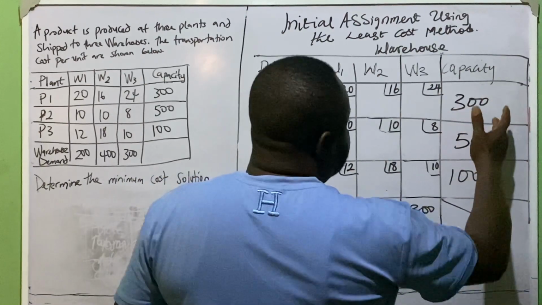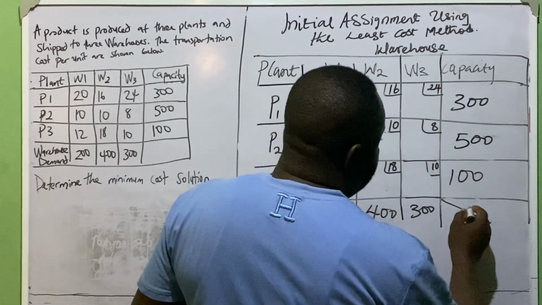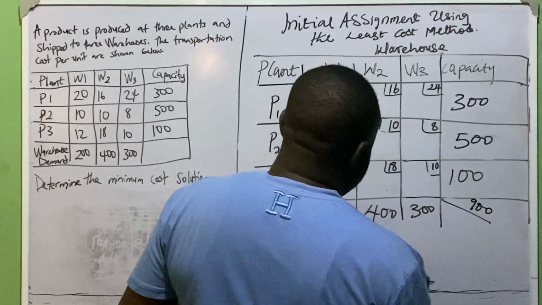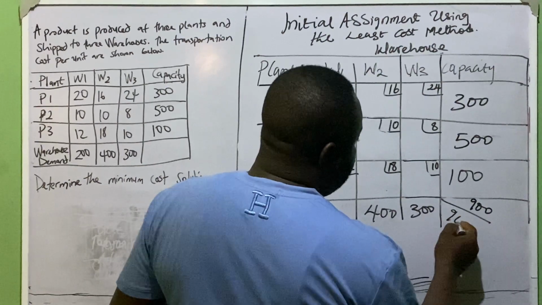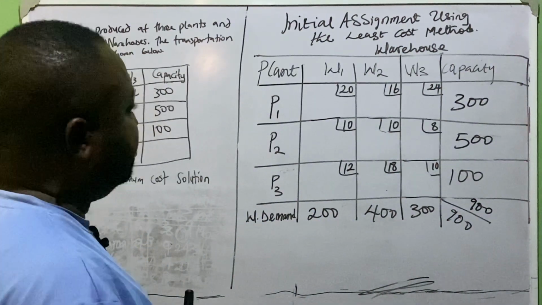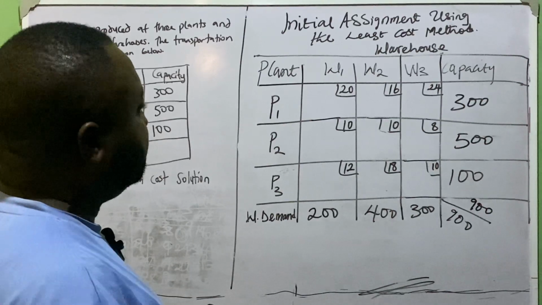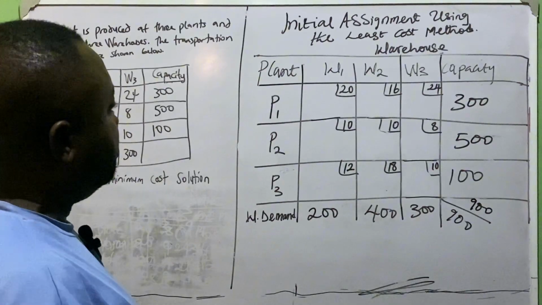My capacity side is 300, 800, and 900. And on the demand side I have 2, 6, and 9, which is also 900. So now that we have the rim condition met, the next thing will be to start our initial assignment proper.